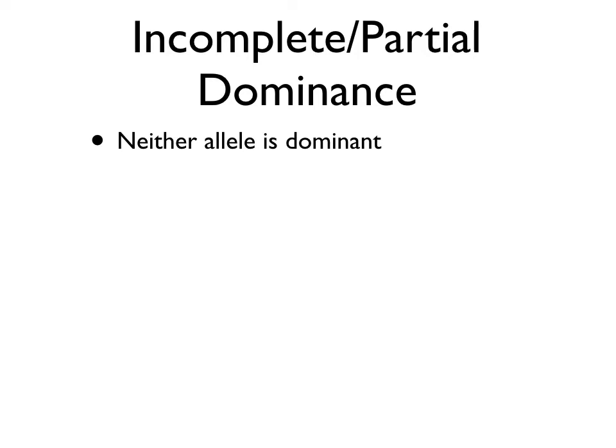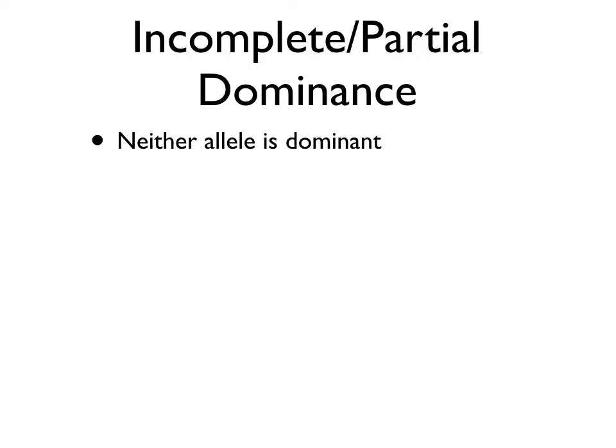Now, we're going to work through some systems, and it's important that you understand and are able to differentiate these types of patterns of inheritance. This first one being incomplete dominance. We're going to look at one in a moment that's called codominance. They're very different. It's important that you understand the difference. So in a system of incomplete dominance, we have multiple alleles.